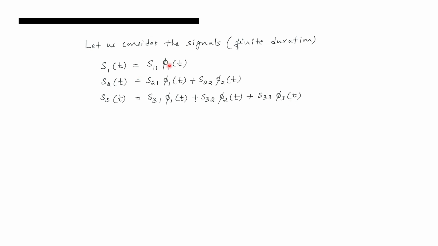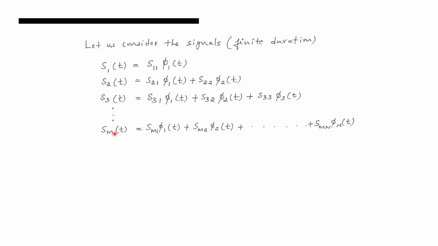What are these phi 1, phi 2, phi 3 of t? They are orthonormal basis functions. That means signal Si of t can be represented by a linear combination of n orthonormal basis functions like this.